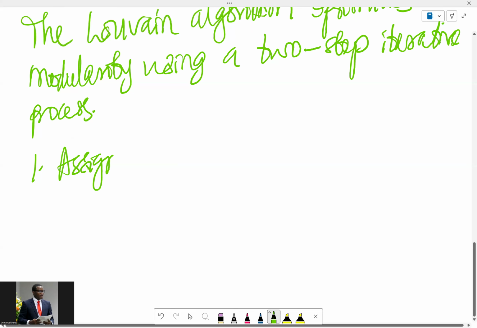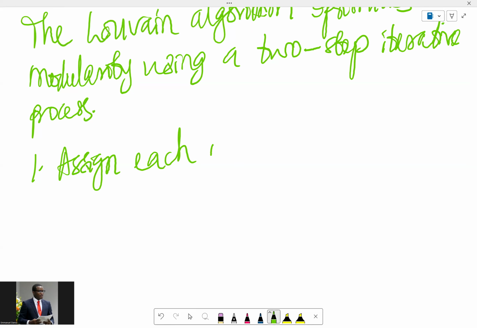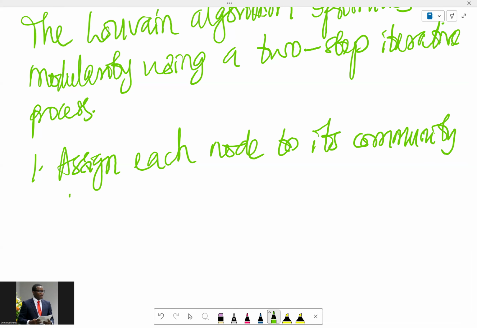The first step is to assign each node to its community, maximizing the modularity locally.